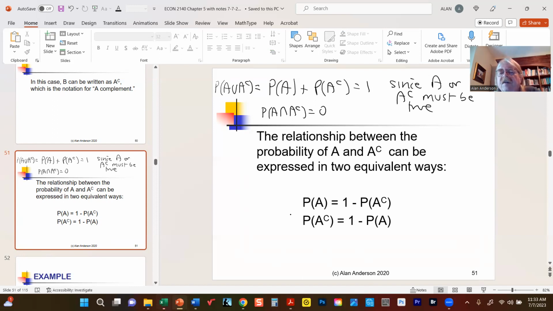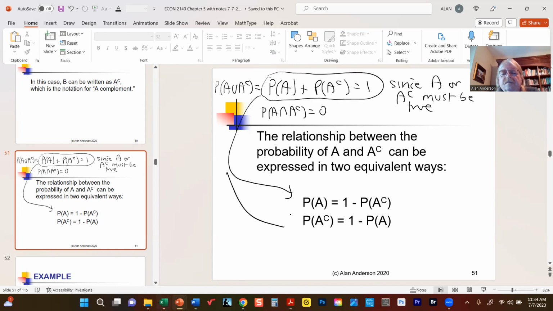And we're using the simplified addition rule because A and A complement by definition are mutually exclusive. So if you rearrange this statement algebraically, you'll get these two. And that's our complement rule. So it's really straightforward, very straightforward, as a matter of fact.